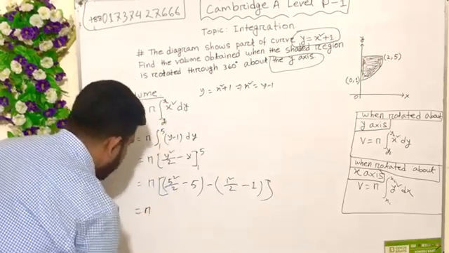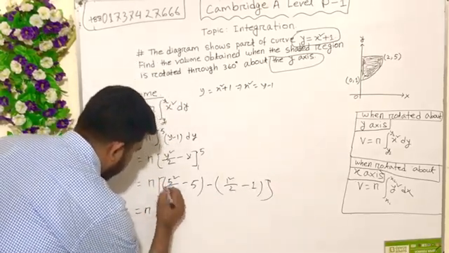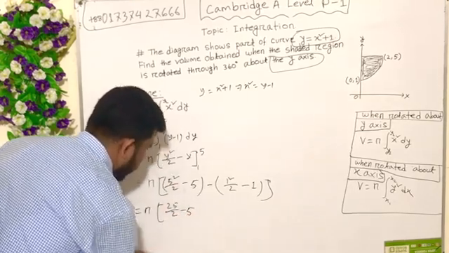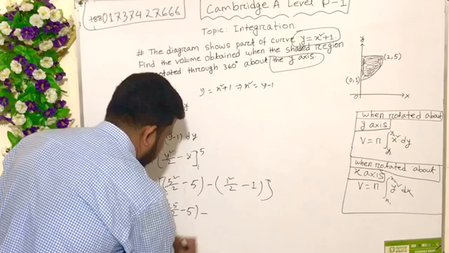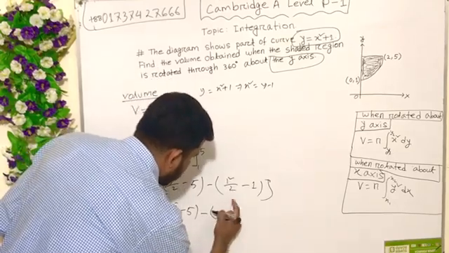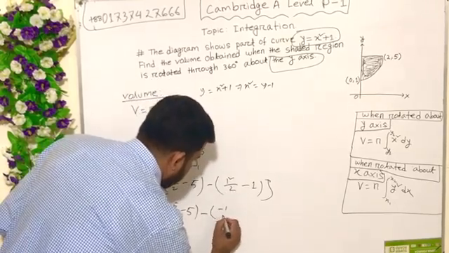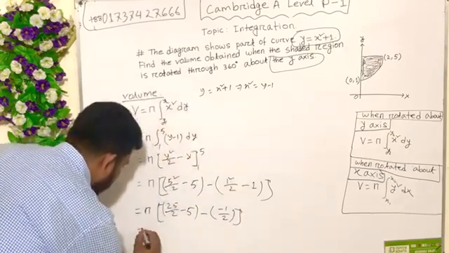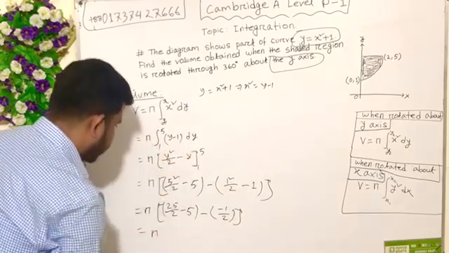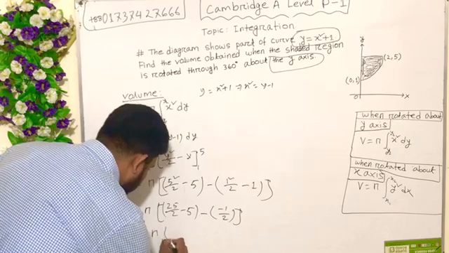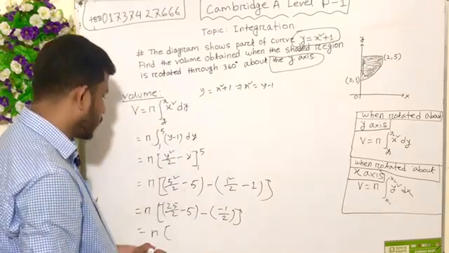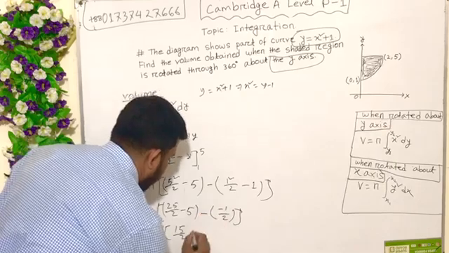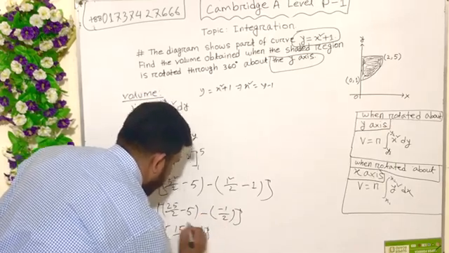Pi is just copied, and 5 times 5 is 25, so 25/2 minus 5, minus 1/2 after simplifying. Pi times, simplifying these terms, 15/2 plus a half.